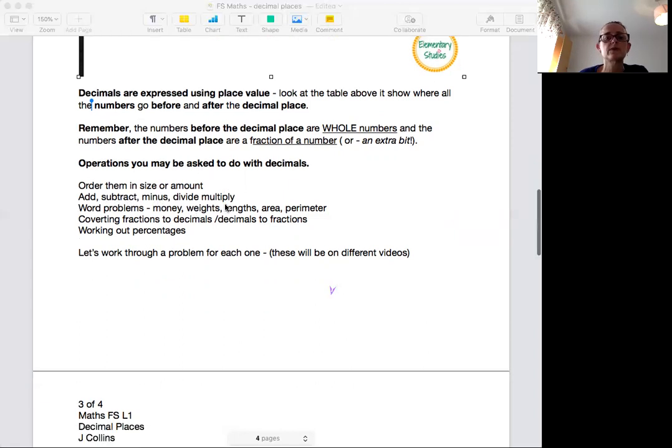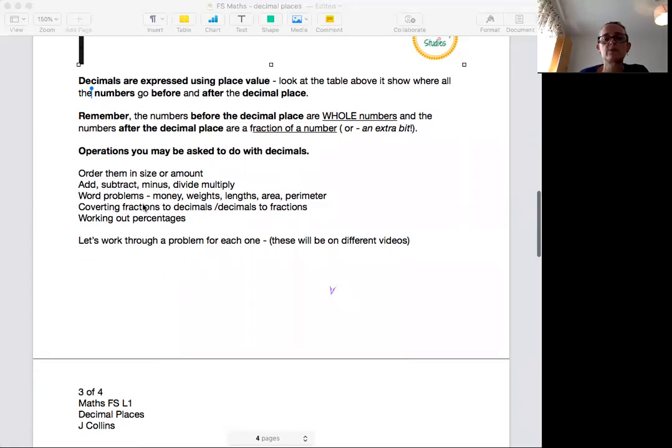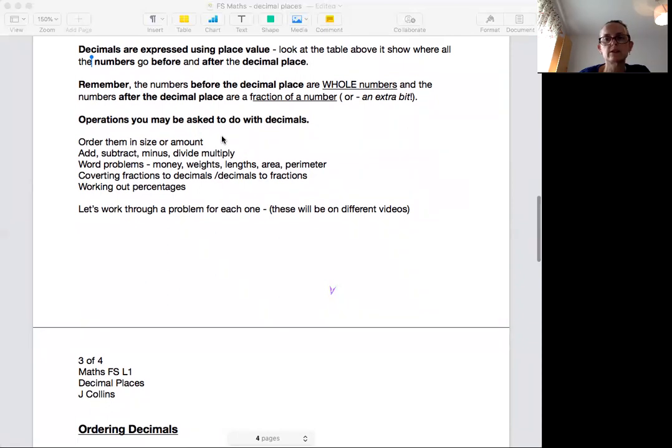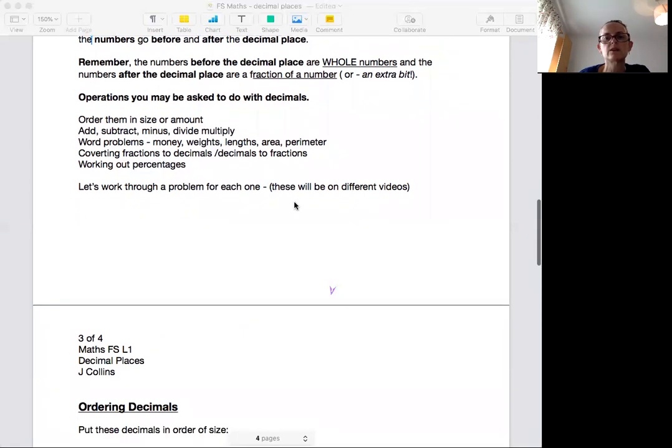We're going to do all of those. Like I said, word problems, money, weights, lengths, area, perimeter, converting fractions to decimals and decimals to fractions, and working out percentages. All of these use decimals in some way. So we're going to work through a problem for each one. Today we're going to work through ordering decimals in size and amounts, and we'll do different videos on them.